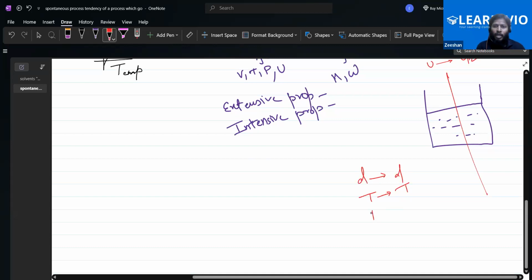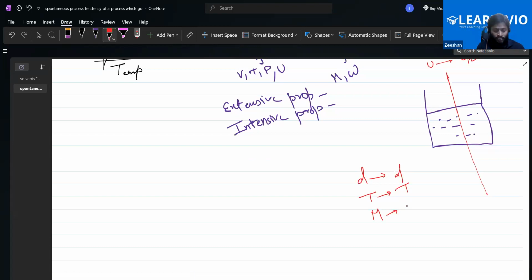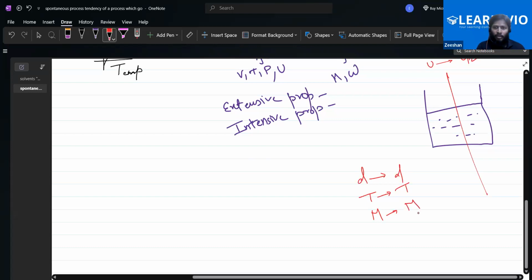Do you remember molarity? Yes, sir. So what do you think, is molarity intensive or extensive? Don't worry, it also does not affect.